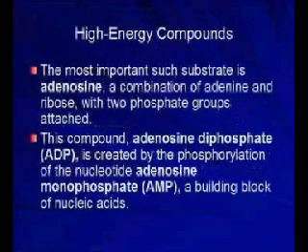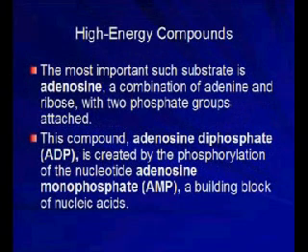The most important of such substrates is adenosine, a combination of adenine and ribose, with two phosphate groups attached. This compound, adenosine diphosphate, or ADP, is created by the phosphorylation of the nucleotide adenosine monophosphate, AMP, a building block in nucleic acids.